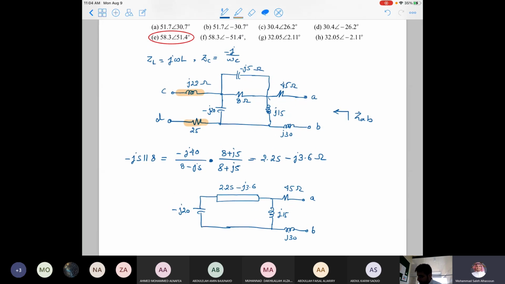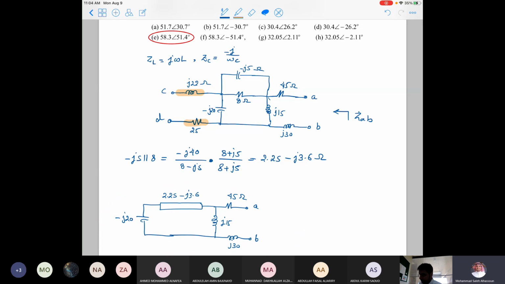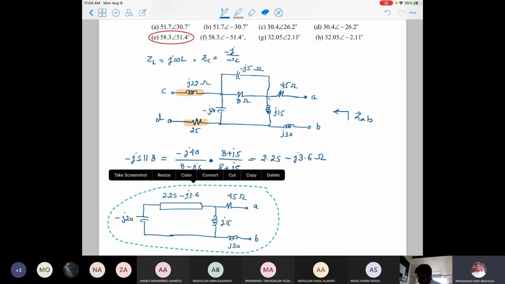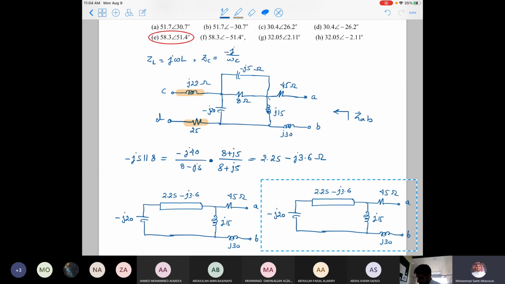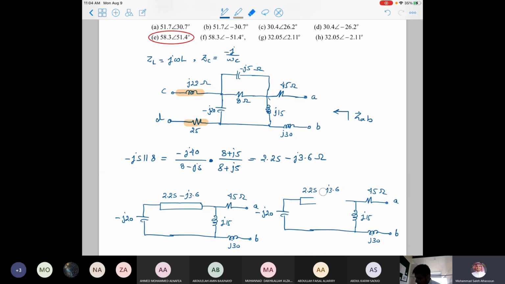If I add it, it will be, and this value will be 2.25 minus J3.6 minus J20, which is 23.6.